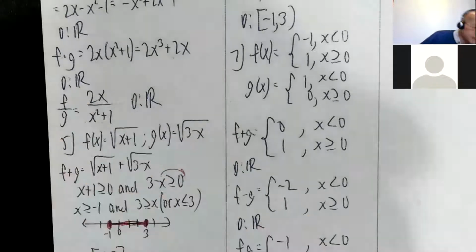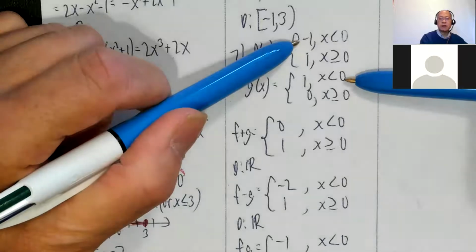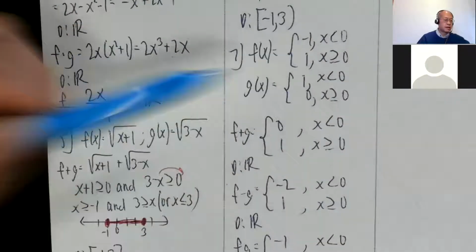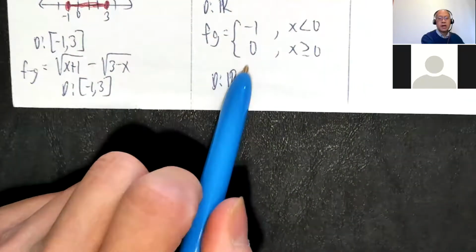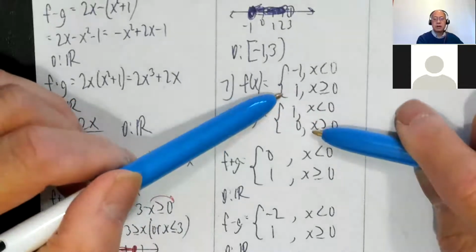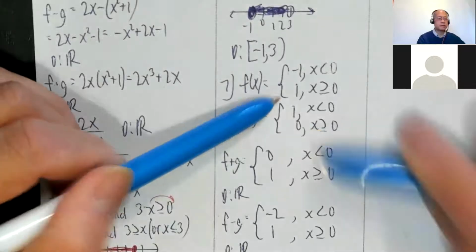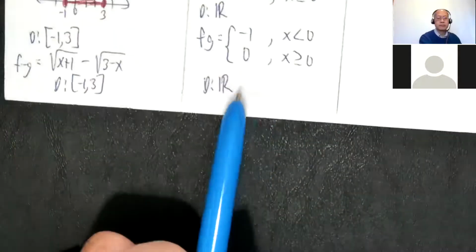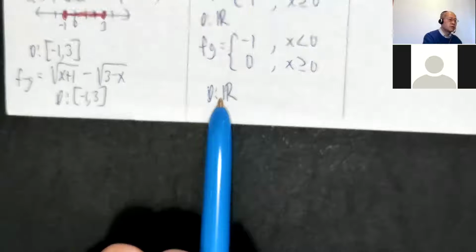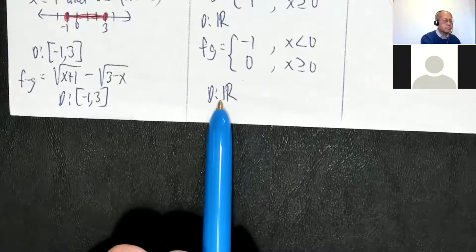So the ones that are less than 0, that one and that one, multiply. -1 times 1, -1. Greater than or equal to 0, multiply: 1 times 0 is 0. Domain is all real numbers.